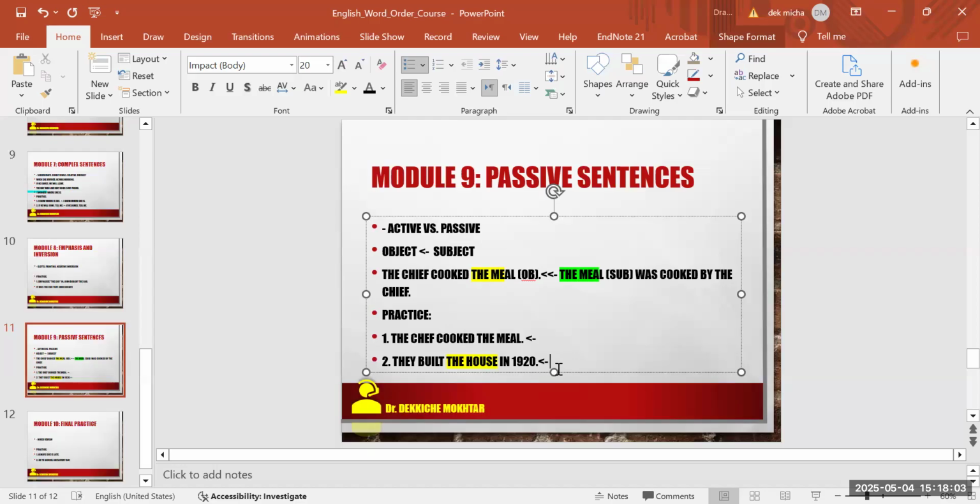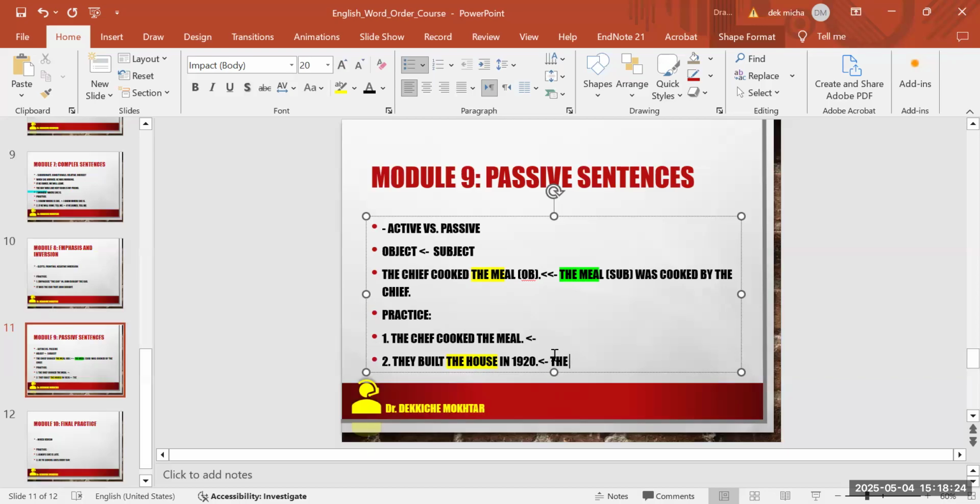The object of the active sentence becomes the subject of the passive sentence.